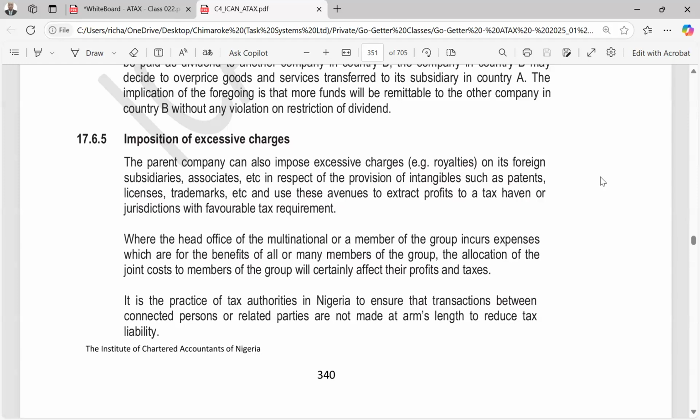So now that amount that you are paying is a very high amount, and it's leaving Nigeria. Mind you, it is part of your cost of sales. It is going to reduce your profits. And when it reduces your profits, Nigeria would have lost huge tax figures.